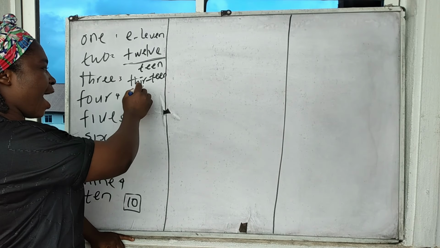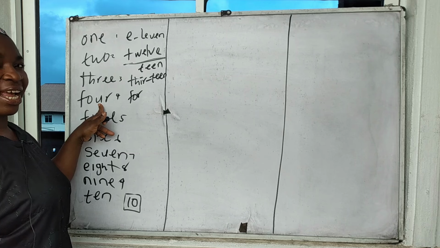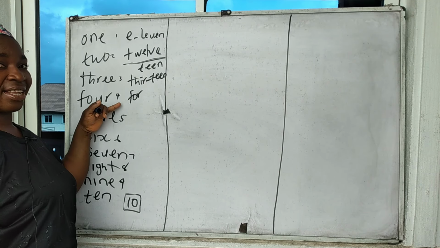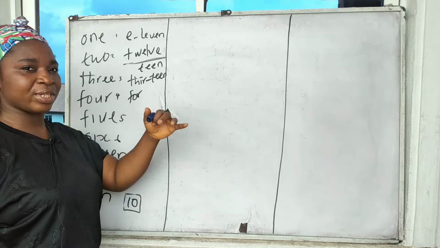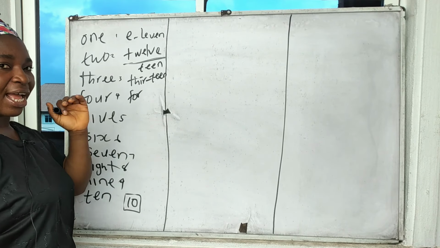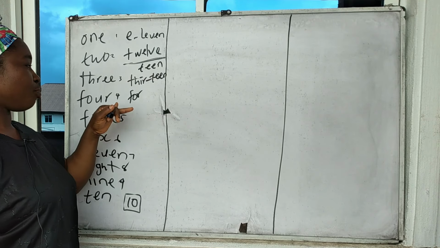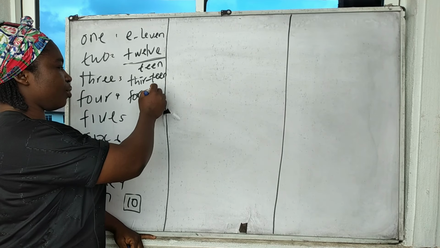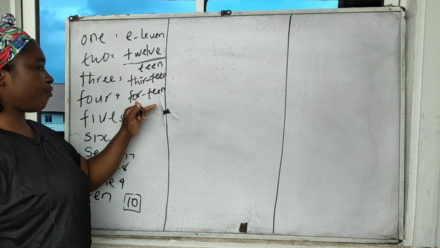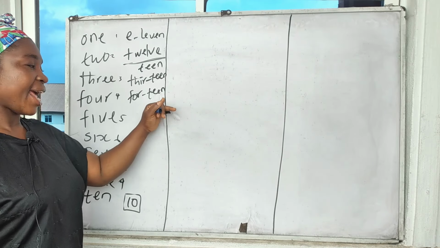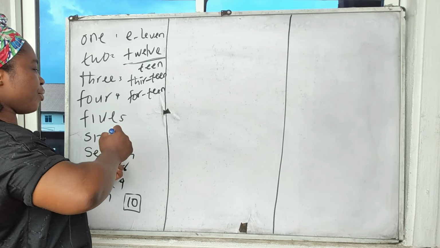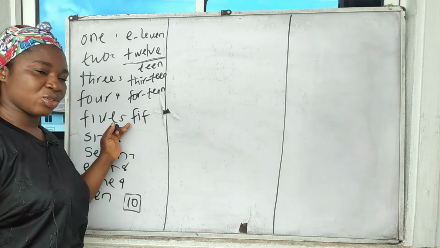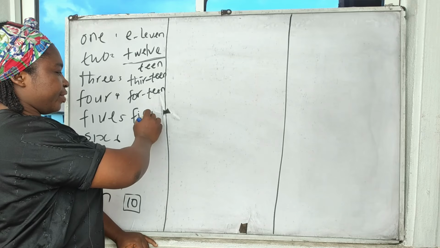14. We have 4, FOUR. This one right here, we have a silent U, but when writing further, once this doubles, that is right here it is single. Once it moves from 4 to 14, 40, whatever the figure is, as long as it is double, this is the 4 that comes to play. We eliminate the U. So we have 4, and the addition of TEEN will give us 14. Again we have 5, so we're going to have FIF instead of FIV, and the E as well is eliminated, so we're going to have 15.